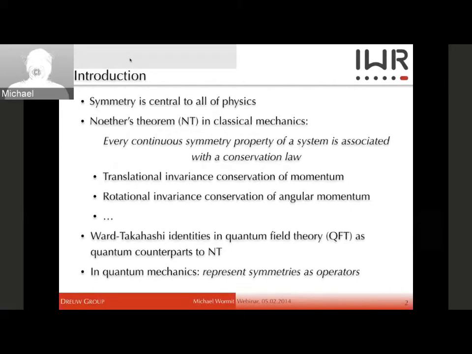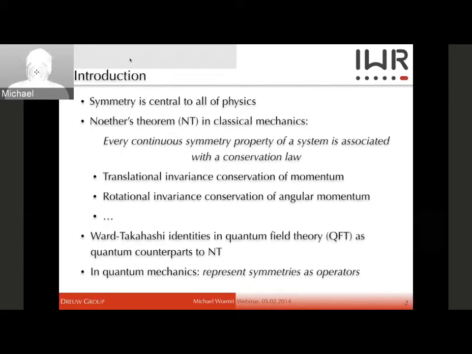That's like translation invariance and conservation of momentum, rotational invariance and conservation of angular momentum, and some other symmetries. For quantum field theory, there's an equivalent, which is called the Ward-Takahashi identities, which I had never heard of before I prepared this talk, but I thought it would be interesting information.